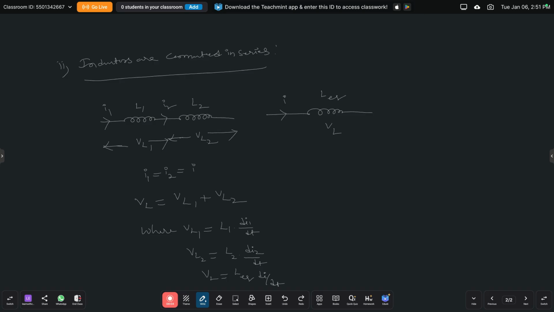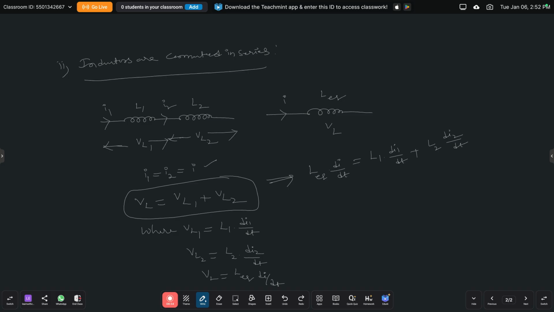So these VL1, VL2 and VL values should be substituted in this voltage equation, that is VL is equal to VL1 plus VL2. So VL is equal to L equivalent into di by dt, which is equal to VL1, that is L1 into di1 by dt, plus VL2, which is L2 into di2 by dt.